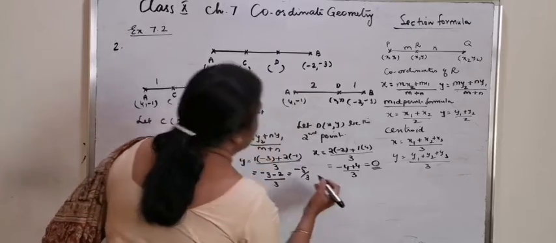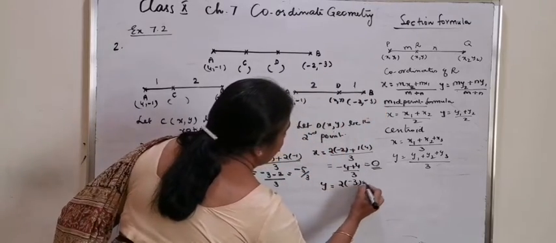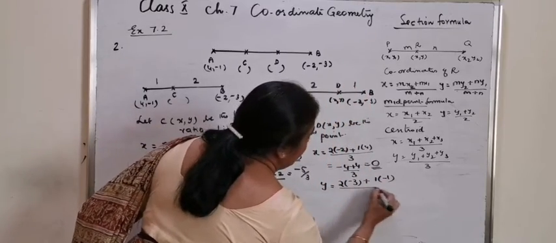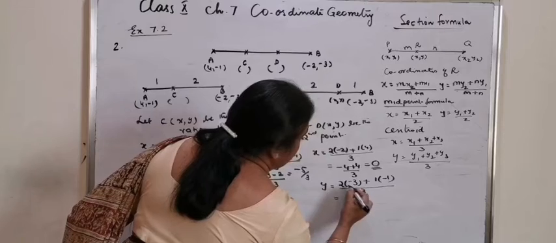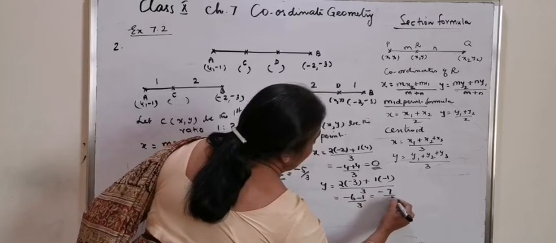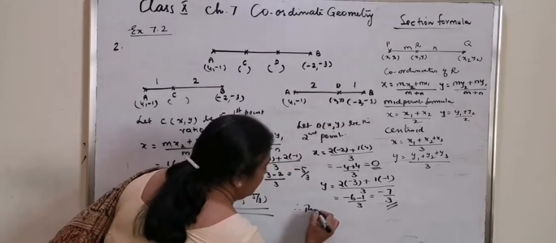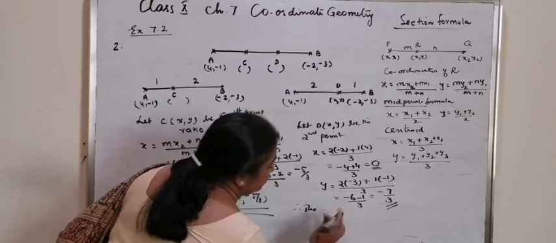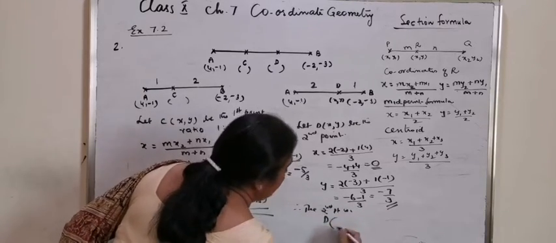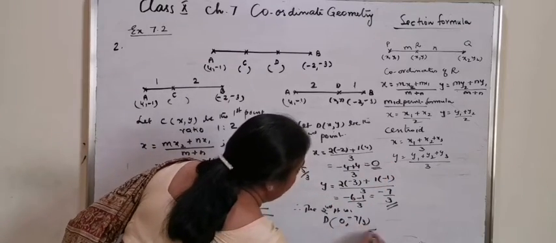And the y coordinate is (2 into minus 3 plus 1 into minus 1) divided by 3, that is minus 6 minus 1 by 3, which is equal to minus 7 by 3. Therefore, the second point D is (0, minus 7 by 3).